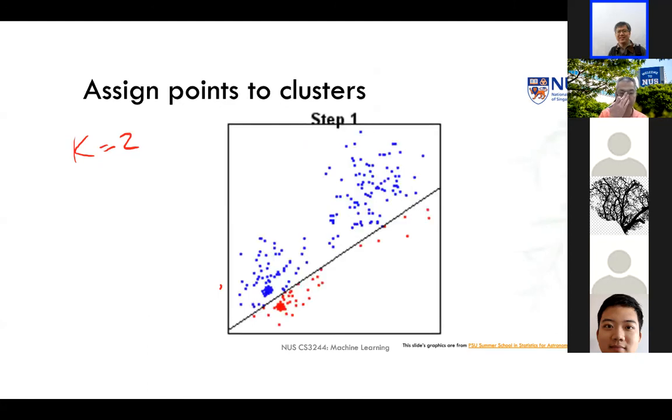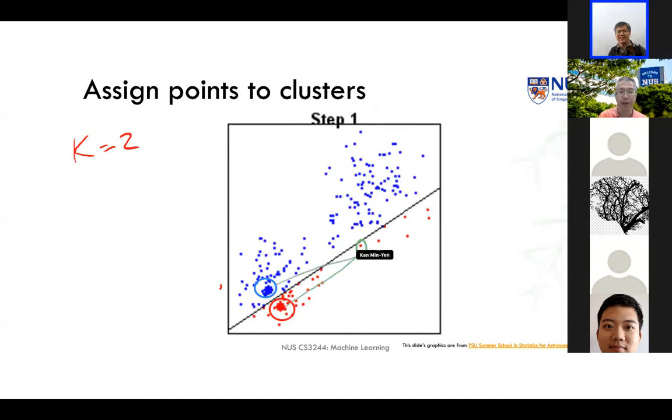The first thing we do in k-means is estimate the membership of points to clusters. We have these two cluster centers, one red and one blue, and we ask for every data point, let's say this data point over here, which center are you closest to? Are you closest to this one or maybe closer to this one?